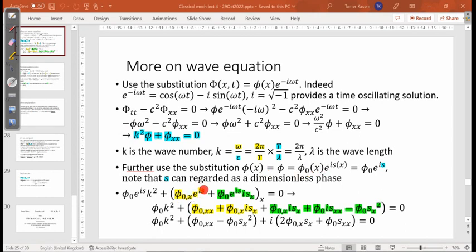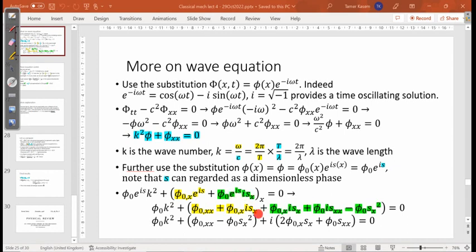I dropped s of x and just wrote s. Plus phi node as it is, get the derivative of this one, you will get e to the power isx multiplied by i s x. You will get the derivative of these using the product rule. This yellow term will generate two terms, and this green one, phi node e to the power isx, will generate three terms, as you could see.